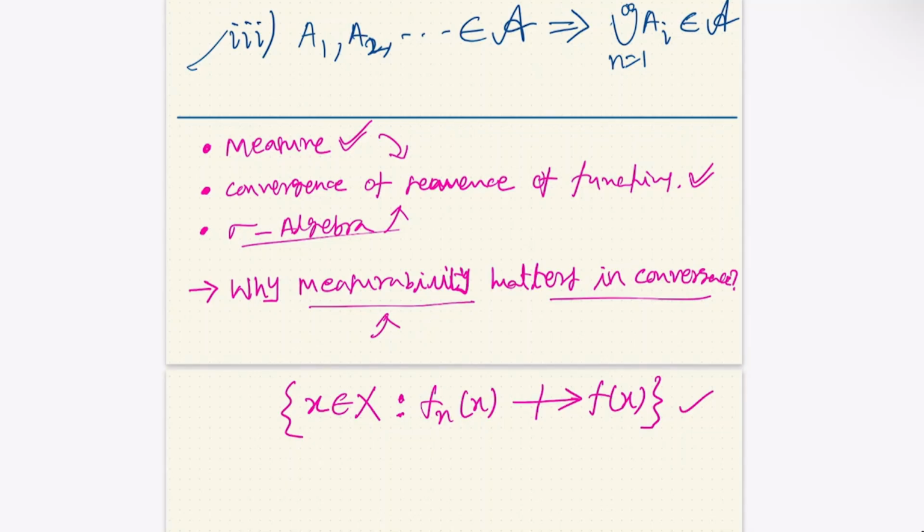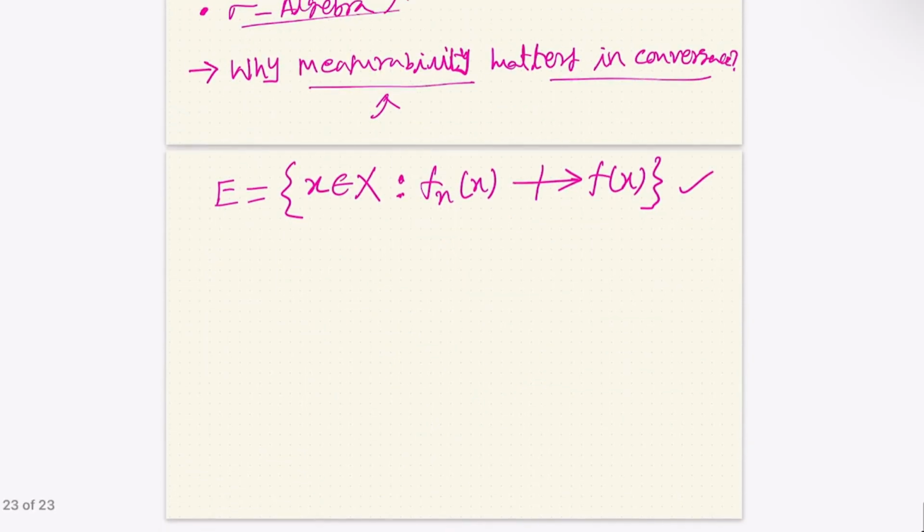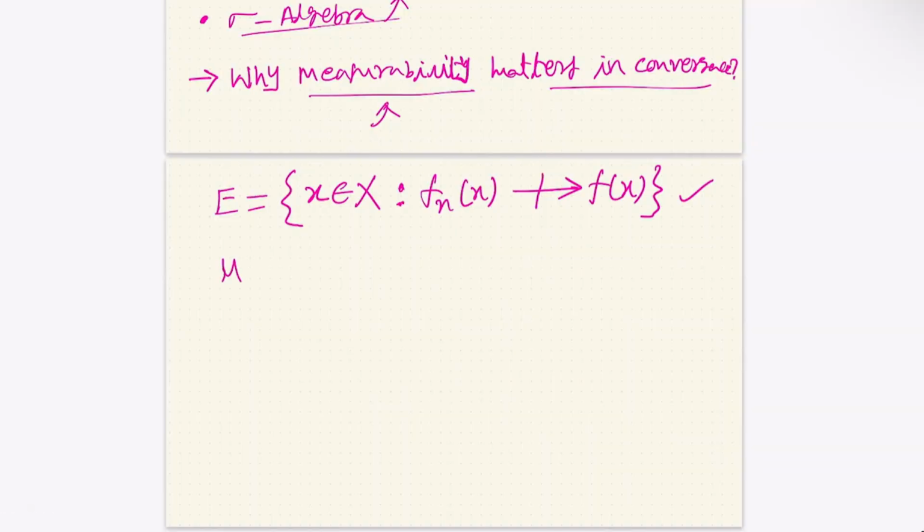Let's say this set is named E. Suppose I want the measure of E equal to 0. What is the measure of E?